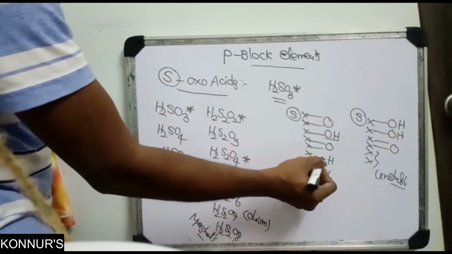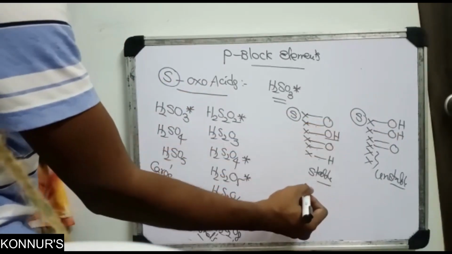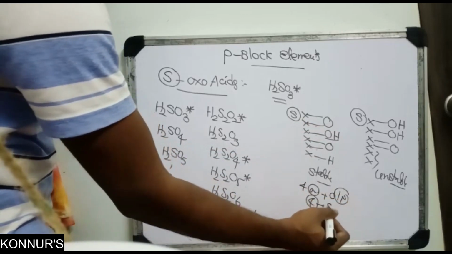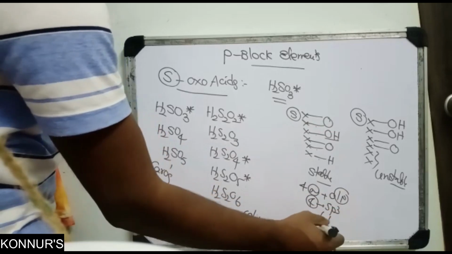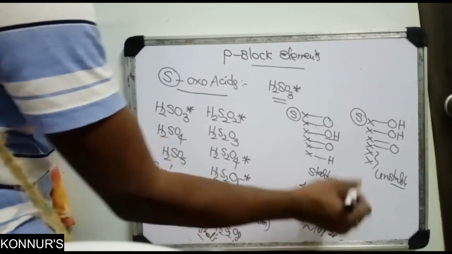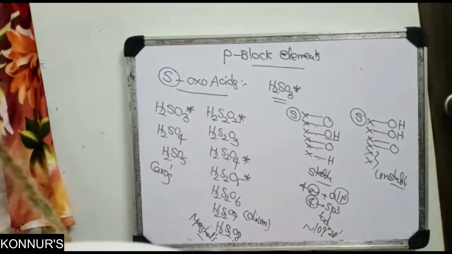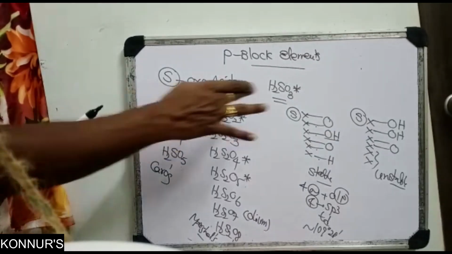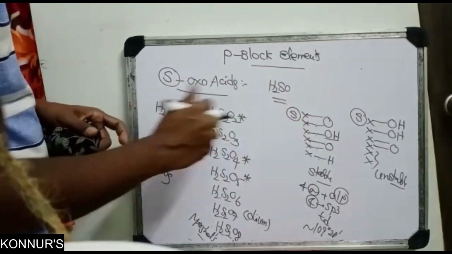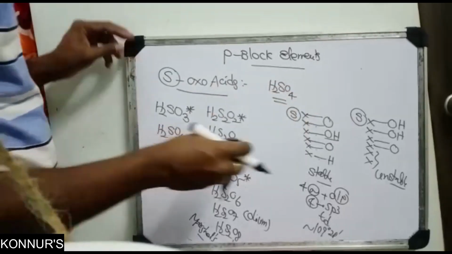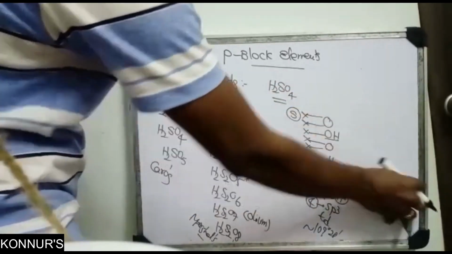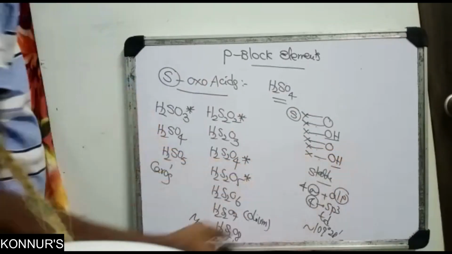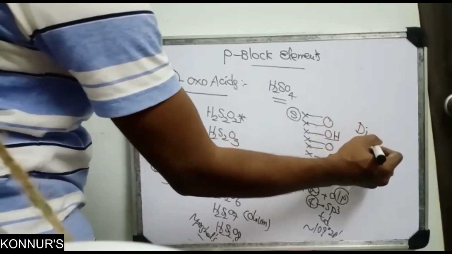How many sigma bonds? One sigma, second sigma, third sigma, four sigma. So 4 sigma, 0 lone pairs. So that's why 4. 4 means sp3, so tetrahedral. Bond angle nearer to 109 degrees 28 minutes. So this is monobasic acid, that is a dibasic acid. Next, H2SO4, sulfuric acid. You are getting only one structure. Ic acid means no hydrogen directly connected to center, so that's why you are getting a dibasic acid.